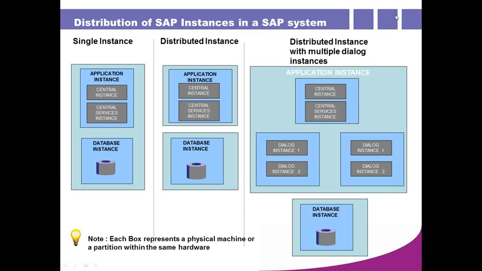Logical server is another concept in SAP. Without logical partitioning, logical volumes or logical volume groups can also be used to install these things. Right. Any questions, please? Do you understand this: distributed instance, single instance and multi-distributed environment?